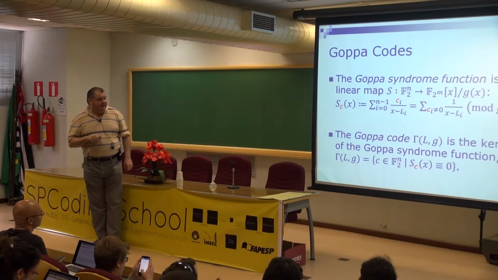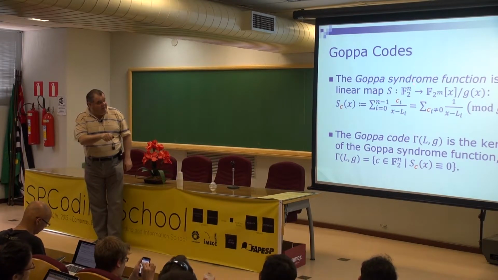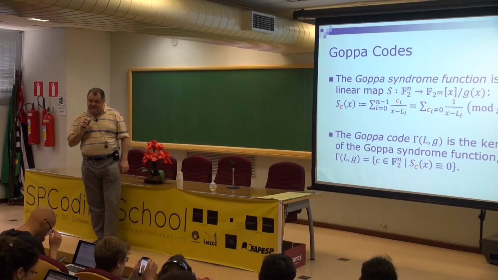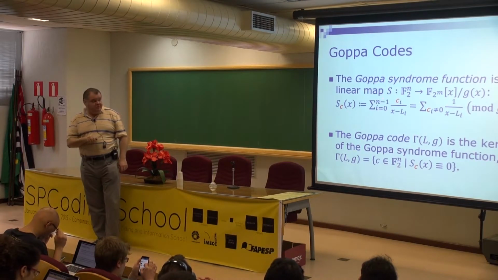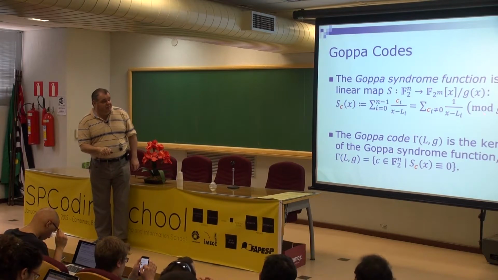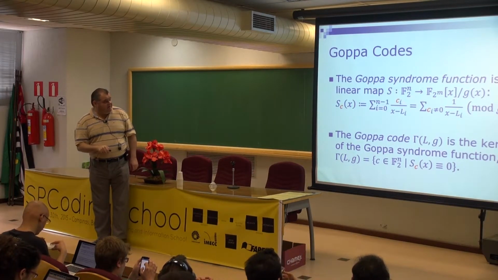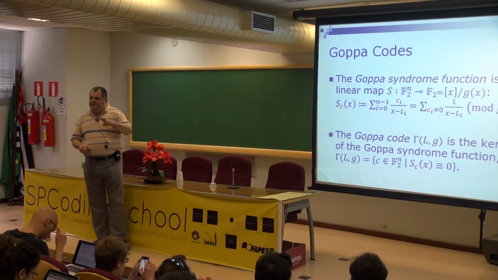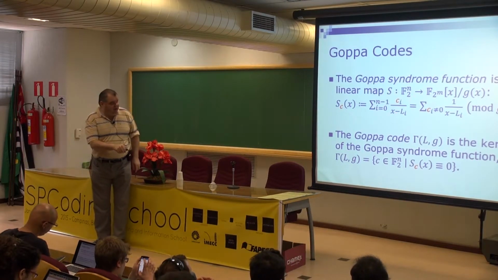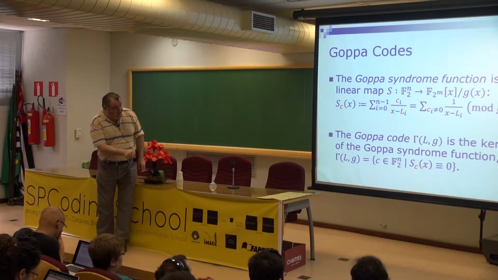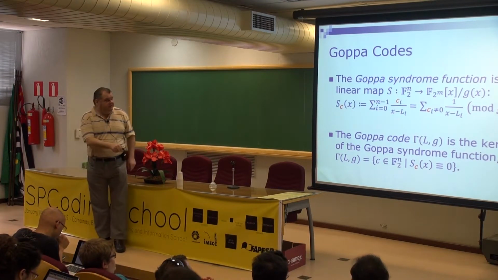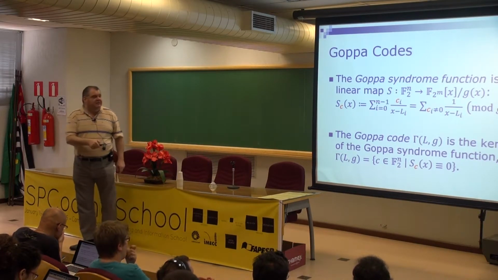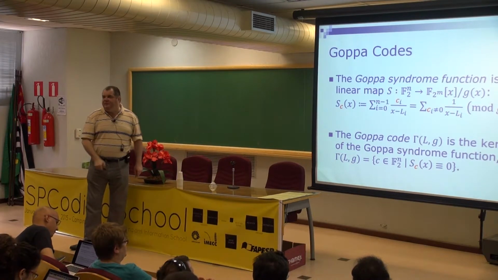So given a random element from this vector space, we define its syndrome to be this polynomial mod G: the sum of c_i times the inverse of the polynomial x minus the corresponding element from the support. The inverse is computed mod G. If G is irreducible, then we can always compute this inverse.